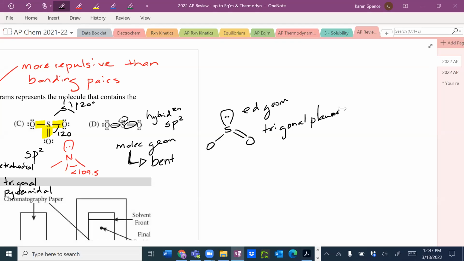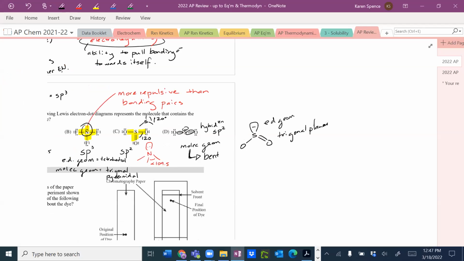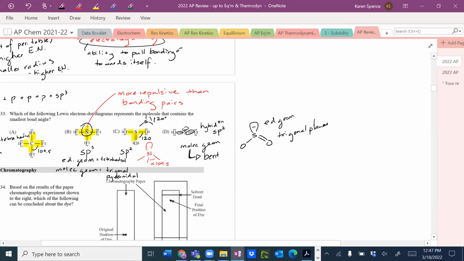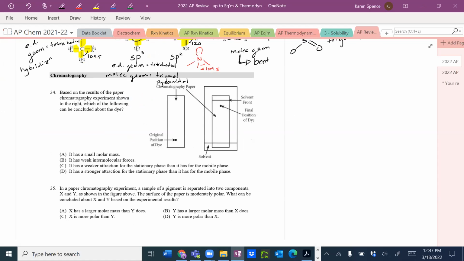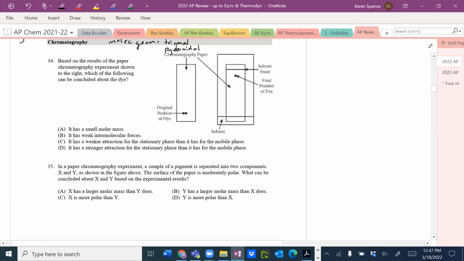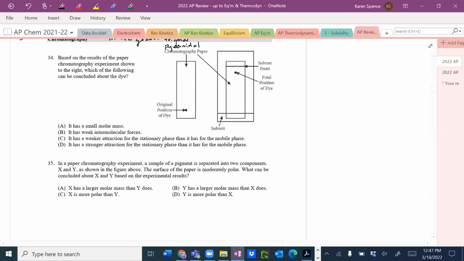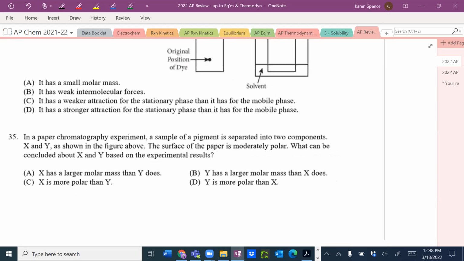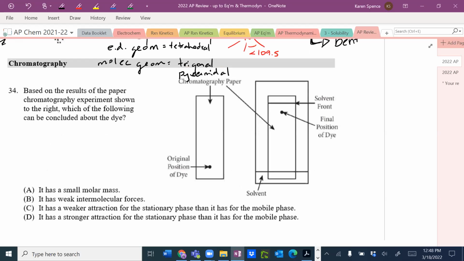Okie dokie. Whew. Atoms in the periodic table. Bonding is done. Let's do chromatography. Okay, chromatography. In paper chromatography, a sample of a pigment is separated into 2 components, X and Y, shown in the figure above. Oh, there's no figure.